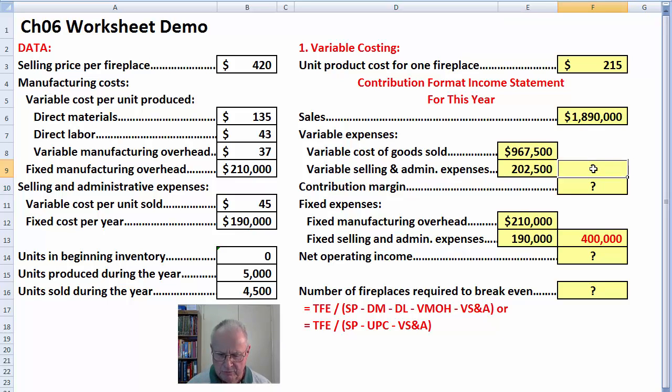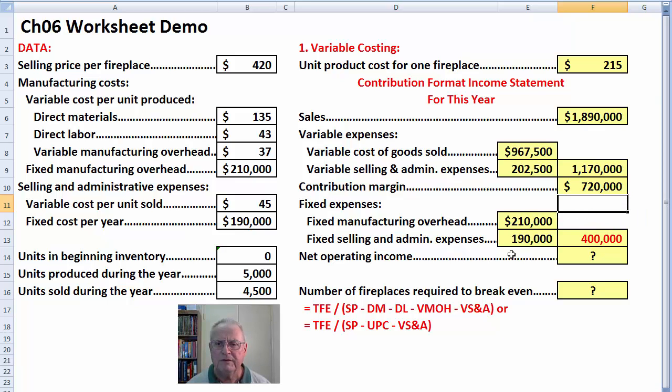Okay, the next thing is we're going to find out what the total variable expense is. So it's this number plus this number. And now for the contribution margin. So sales minus the variable expenses, and that gives you a contribution margin of $720,000.